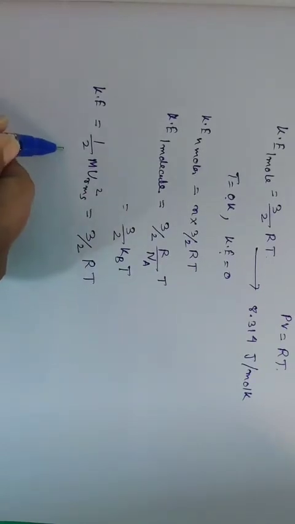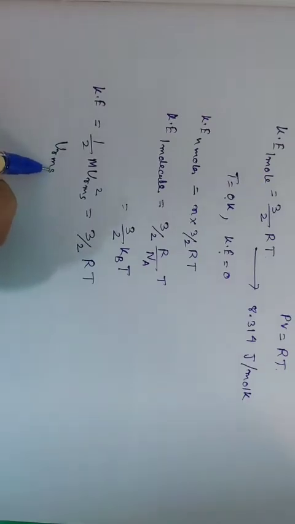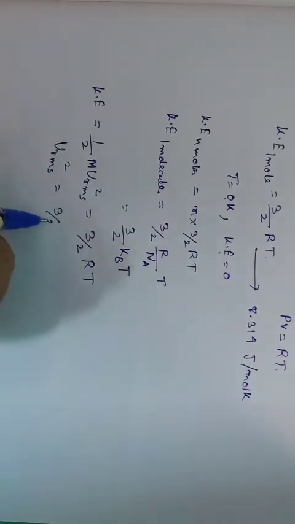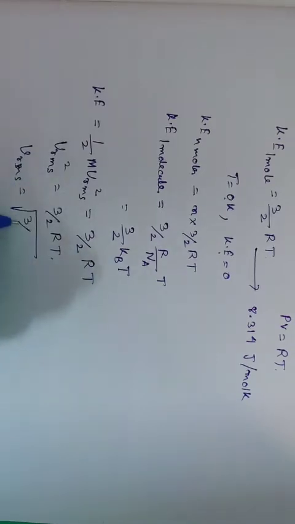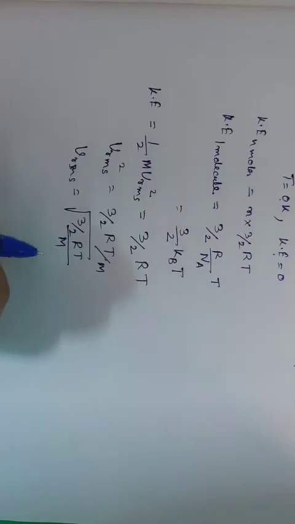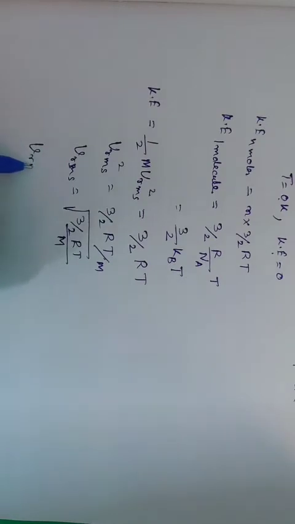That is the RMS velocity, u RMS square equal to 3 RT by M. So u RMS equal to root over 3 RT by, sorry, there should be M, by capital M. So we can see from this expression that RMS velocity is directly proportional to the square root of temperature.